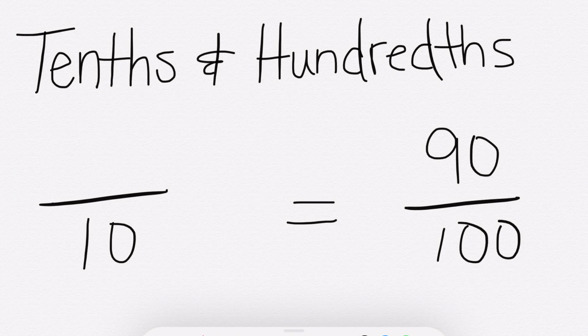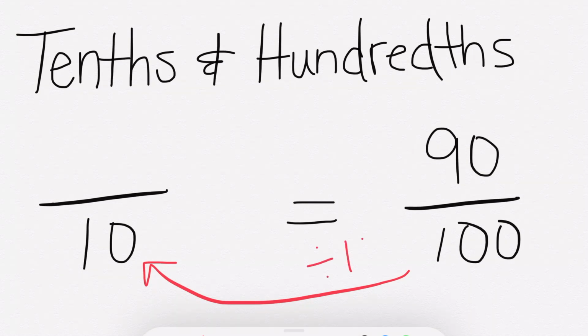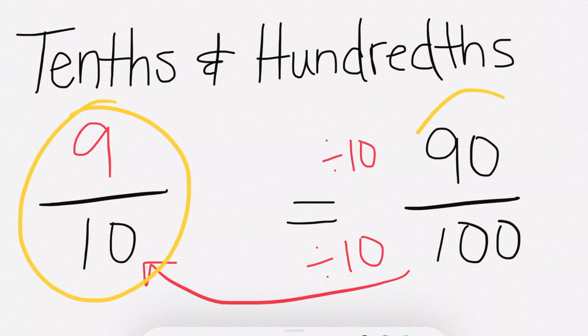First thing I need to know is how do I get from 100 to 10? I know to get from 100 to 10, I actually need to divide by 10. Whatever I do to the bottom, I also have to do to the top. 90 divided by 10 gives me 9. So here are my equivalent fractions. 9 tenths is equivalent to 90 hundredths.